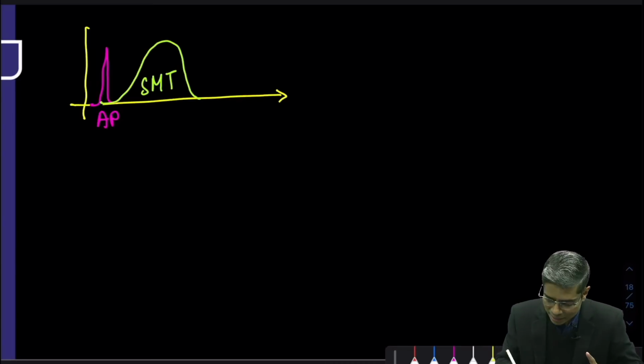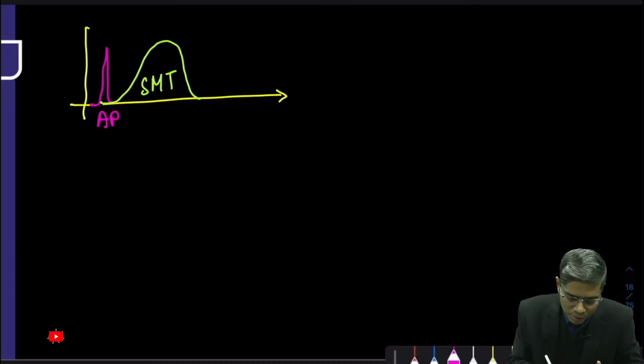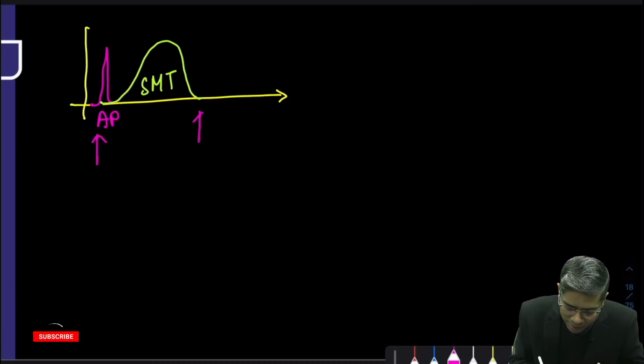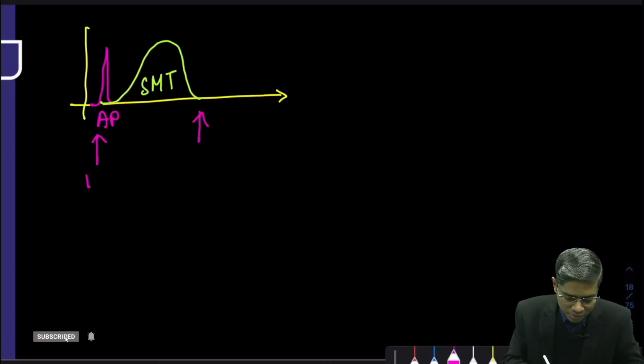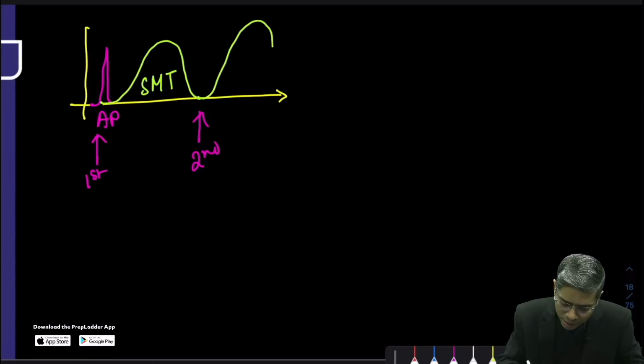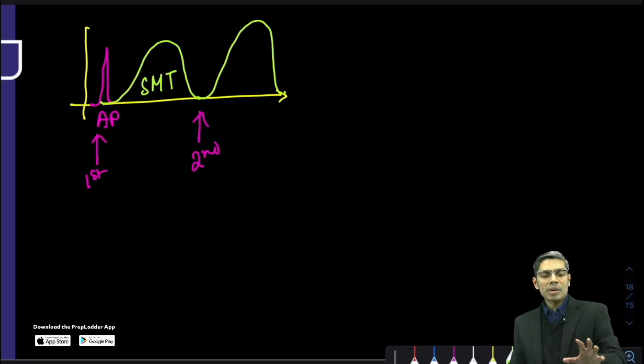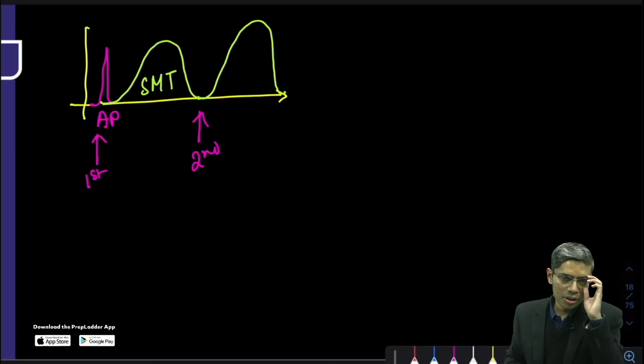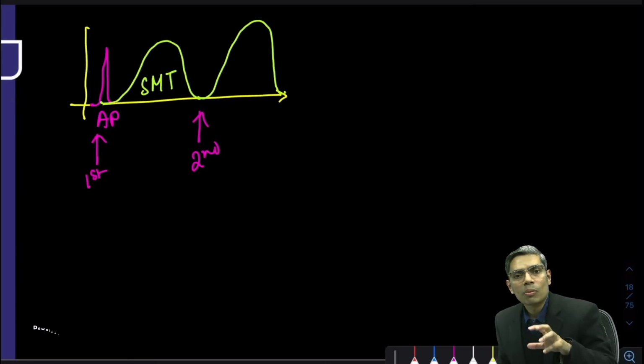Now if I give multiple stimuli, suppose I have given a stimulus here, now I am giving another stimulus here. This is the first stimulus, this is the second stimulus. What will happen? The second contraction will start here and it will go like this. But look, the height of the second contraction is much more than that of the first contraction. You may ask why this is happening.